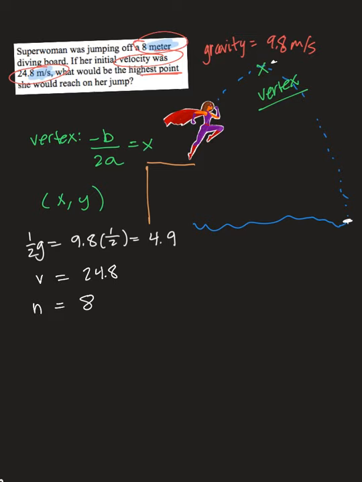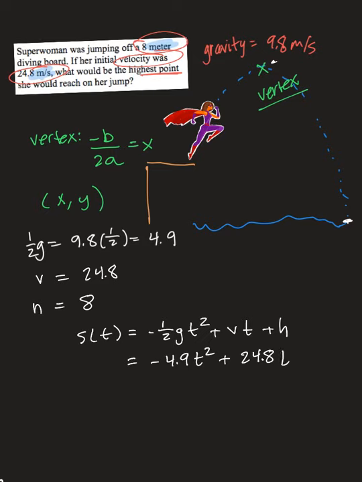S of t is equal to negative 1/2 g t squared plus v t plus h. Now we can start plugging everything in. We know that 1/2 of our g is 4.9, so negative 4.9 t squared. Our v is 24.8, and our h is 8.